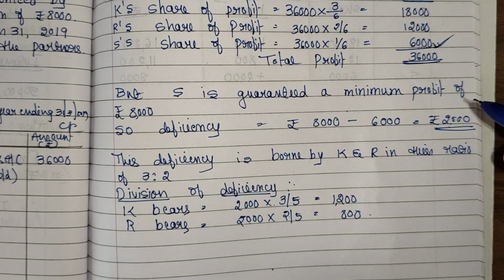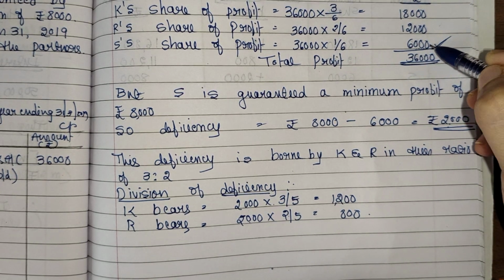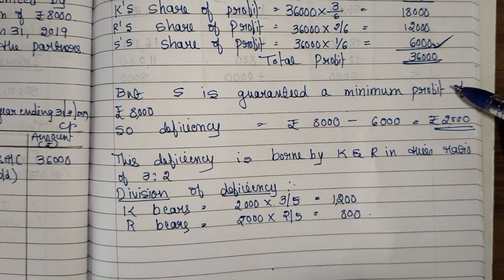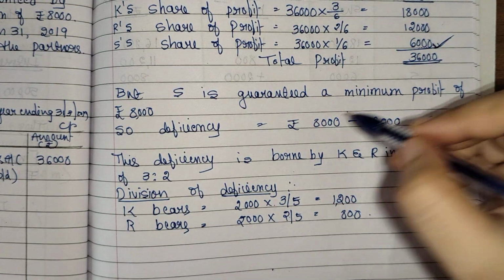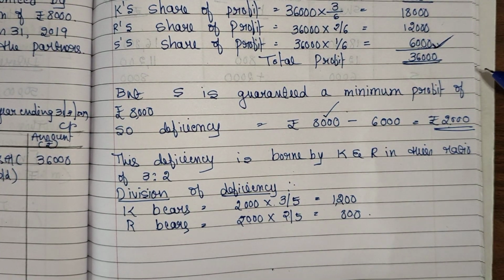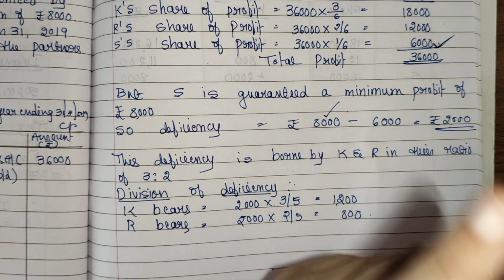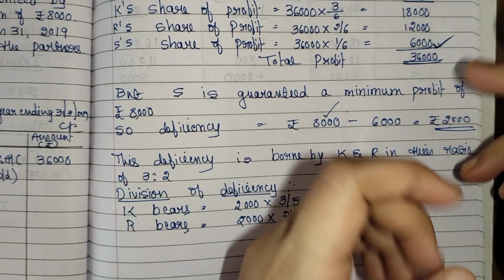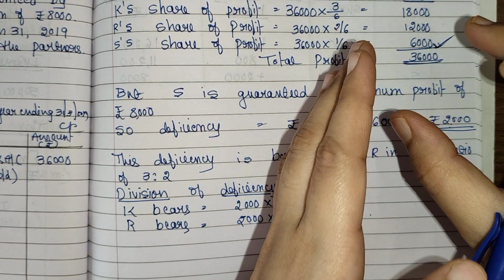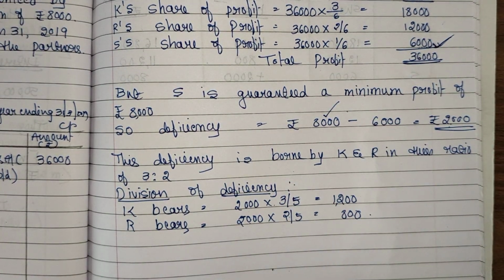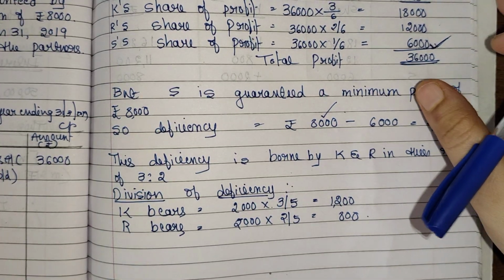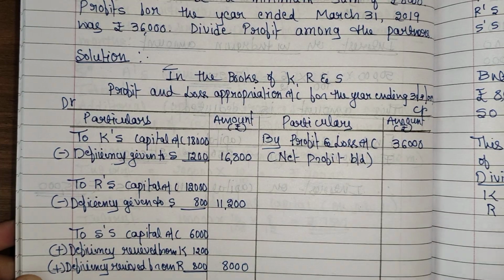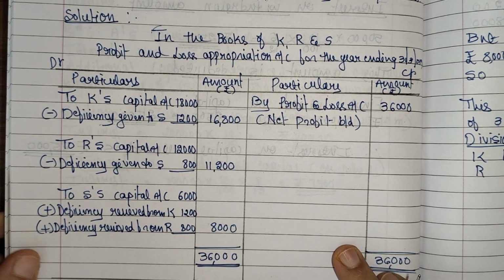So in this problem, S's normal share is 6,000, but the guaranteed minimum is 8,000. K and R together give an extra rupees 2,000 to S, so that is why S finally gets rupees 8,000. Clear? This is very important.